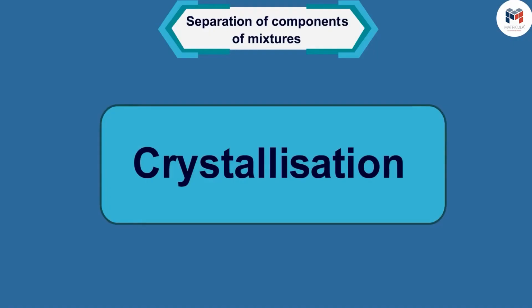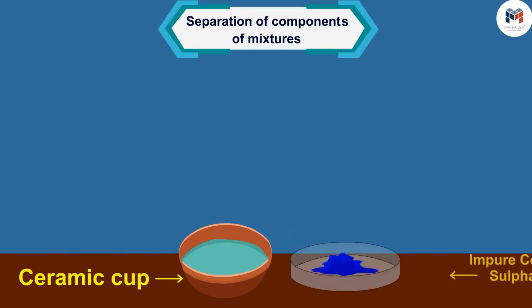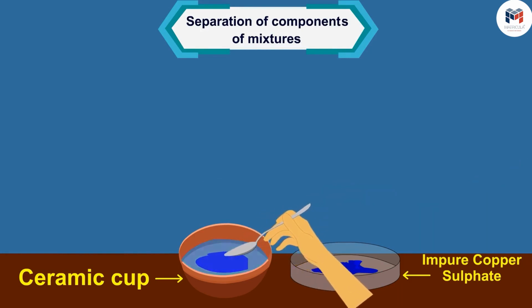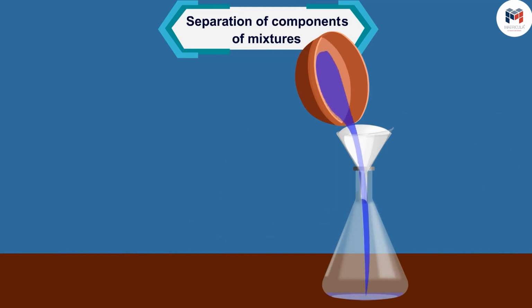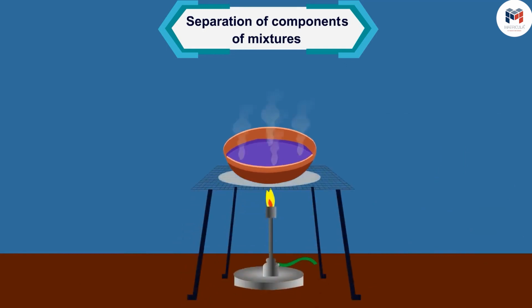Now, finally, the last separation technique is crystallization. Take about 5 grams of impure copper sulfate in a ceramic cup. Dissolve it in a minimum amount of water. Filter out impurities. Now vaporize the water from the solution of copper sulfate to obtain the saturated solution.